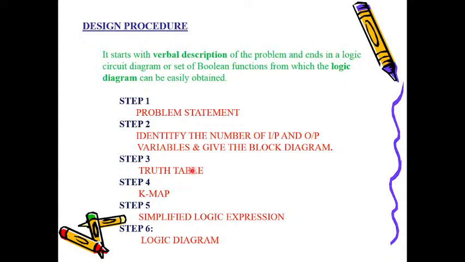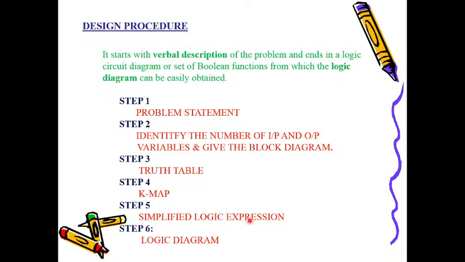When I give a certain set of inputs, based on the function given, we will produce the output. We will plot it in a truth table in the form of zeros and ones, and thereafter, from the truth table with the help of a K-map, we can obtain the simplified logical expression.